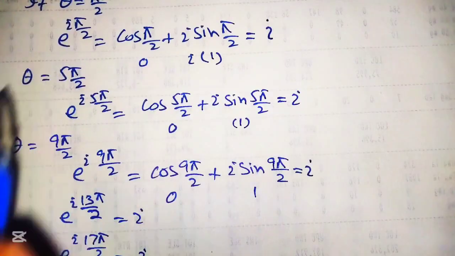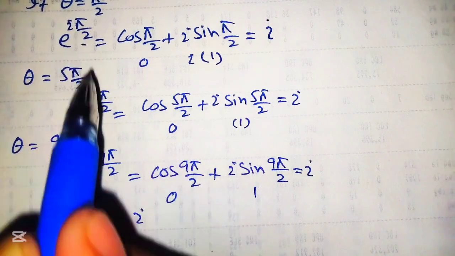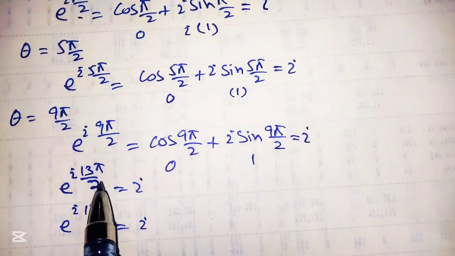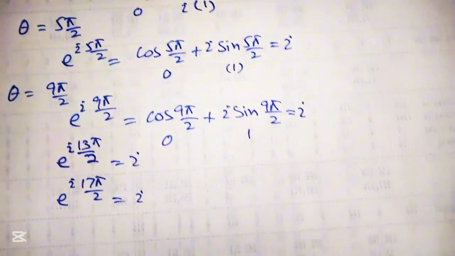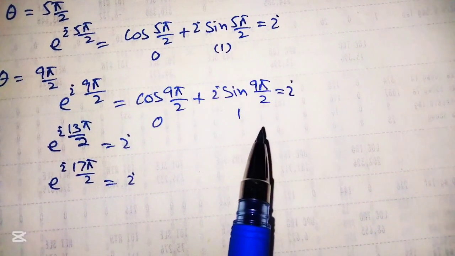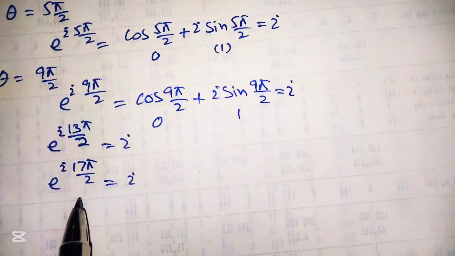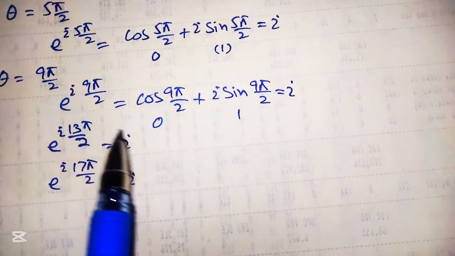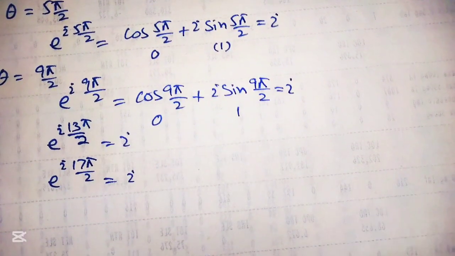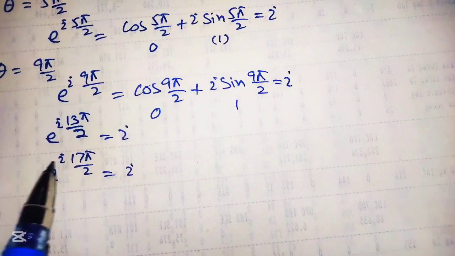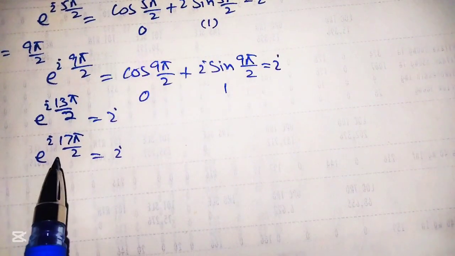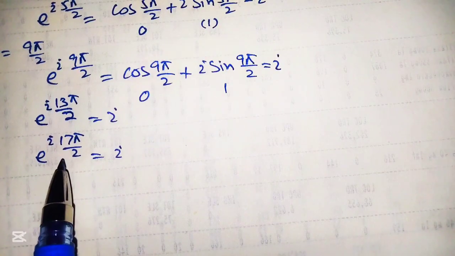Actually, the angles pi by 2, 5 pi by 2, 9 pi by 2, 13 pi by 2 and 17 pi by 2 are the cycles of sine theta. That's why it gives the value 1, and at all these angles cos theta is 0, so we get these values. To solve this, we will generalize this angle.